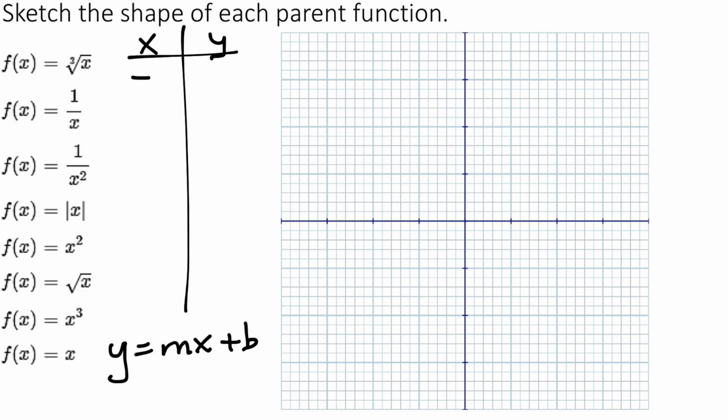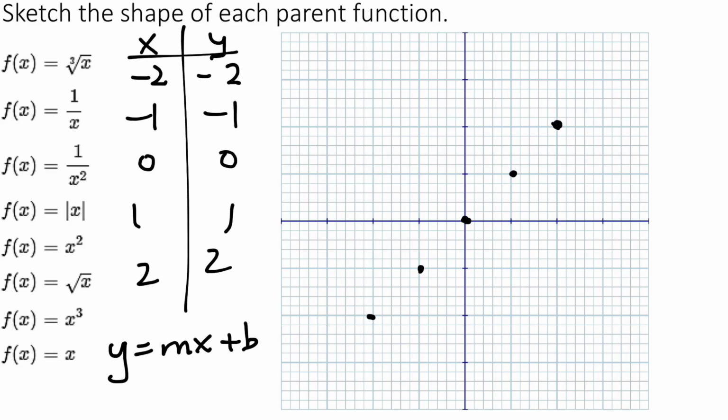So -2, -2, -1, -1, 0, 0, 1, 1, 2, 2. So as you can see, it's just a line with a slope of 1 with a y-intercept of 0.